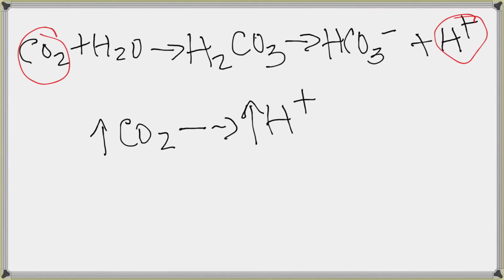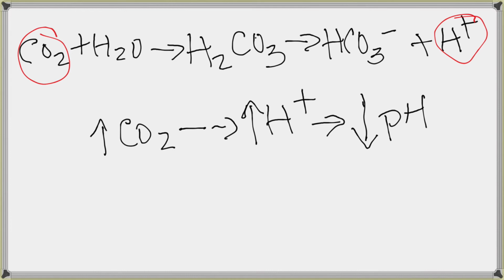And then what is the relationship, guys? As hydrogen ion concentration goes up, does that make the pH go up or the pH go down? Anybody remember? Okay, so as you increase the concentration of hydrogen ions in a solution, it decreases the pH.